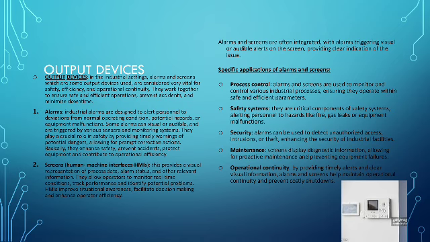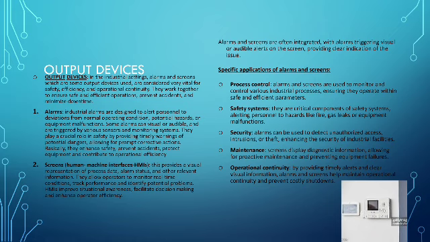Industrial alarms are designed to alert personnel to deviations from normal operating conditions, potential hazards, or equipment malfunctions. The screens provide a visual representation of process data, alarm status, and other relevant information. They allow operators to monitor real-time conditions, track performance, and identify potential problems.